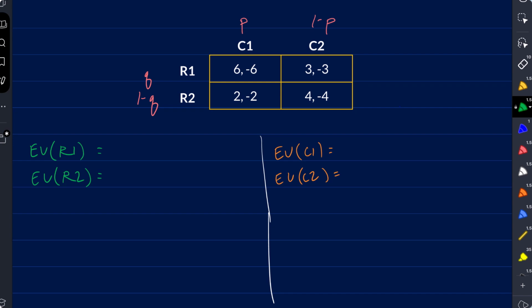Okay, so for R1 and R2, we just care about those values. So the expected utility of R1 is going to be P times 6 and 1 minus P times 3. And the expected utility of R2 is going to be P times 2 and 1 minus P times 4.